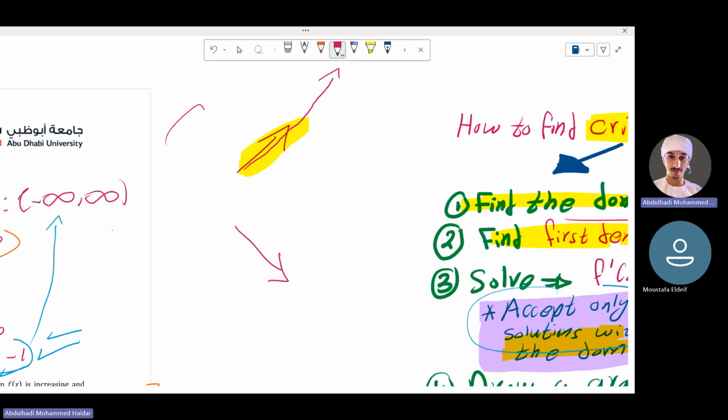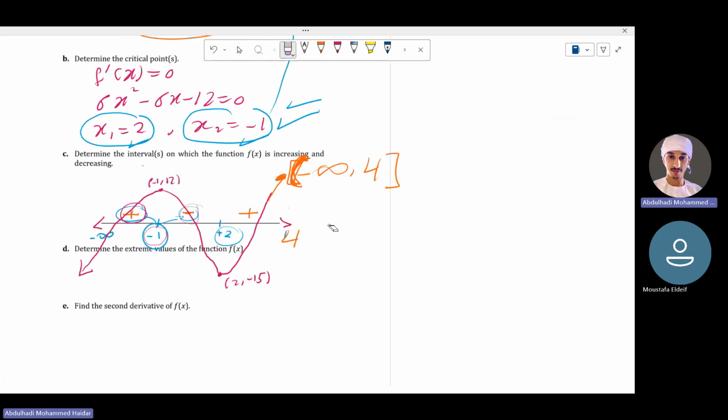So this point cannot be the absolute maximum, because this is higher than this, and it is still going to infinity. Same as going downward: if we have an arrow going downward, we will never have an absolute minimum. Okay, let's go back to the original question.